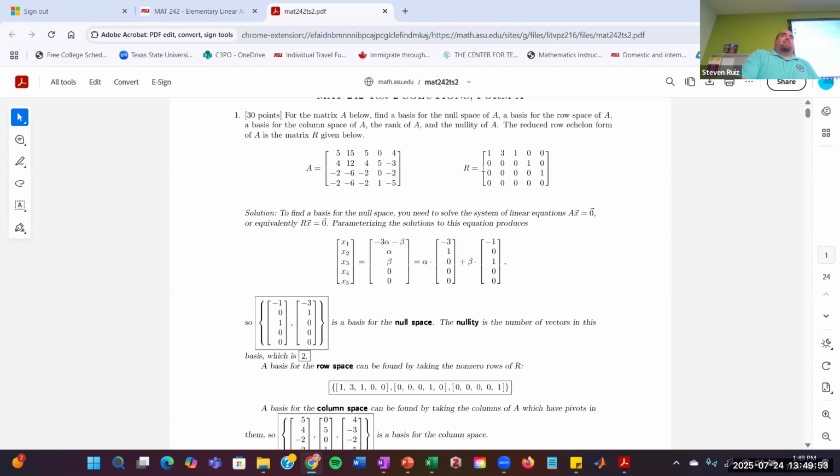On an infinite..., I am a human though, and I am more thoughtful. But in reality, a good basis for the row space here is the top 3 rows of R. It's also the top 3 rows of A. I will take a look at it.